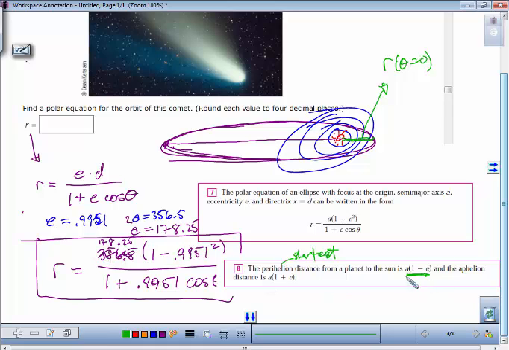The semi-major axis that we found was 178.25, and then we multiply that by 1 minus the eccentricity. And then we'll get our value. Okay. So whatever this is equal to should be the shortest distance.